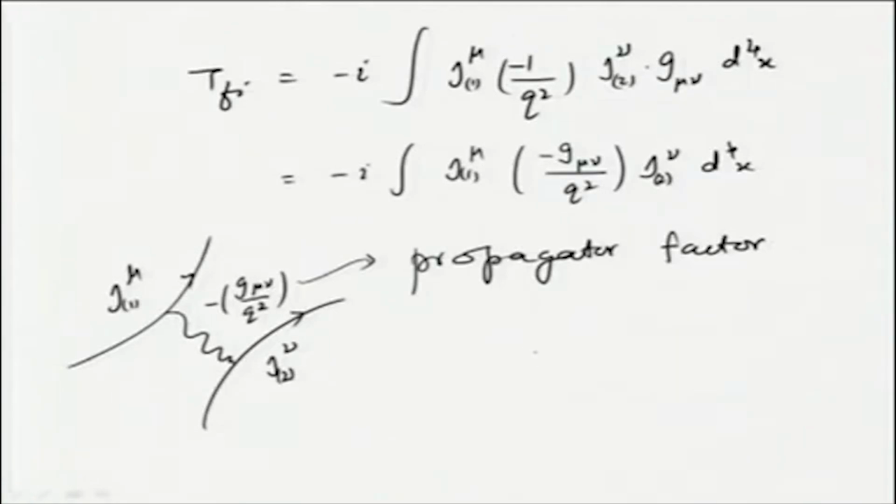Let me do it in a proper way. At a particular point, corresponding to that, I have an index nu, and at another point, I have an index mu, and this is j mu and this is j nu.